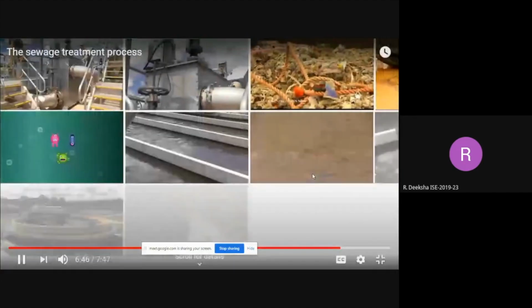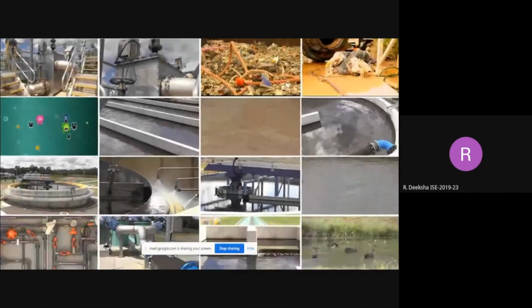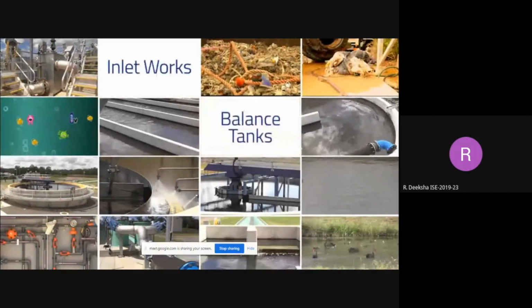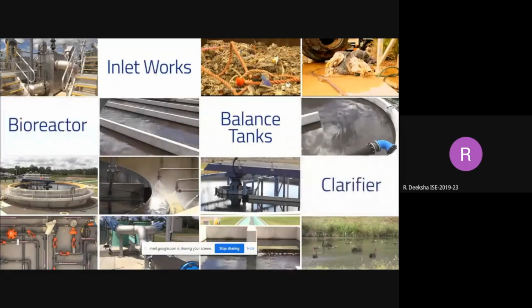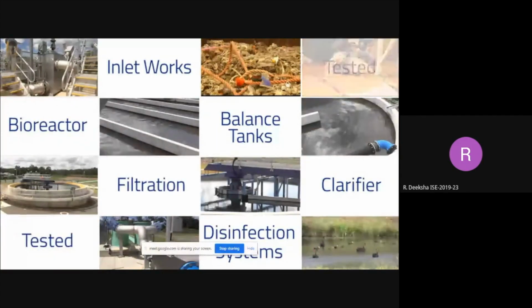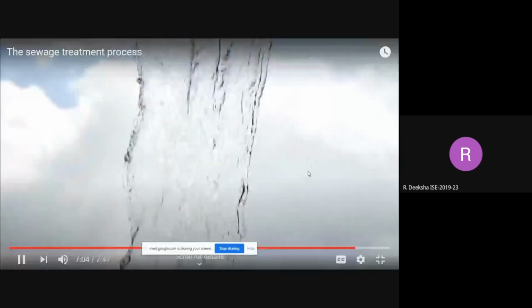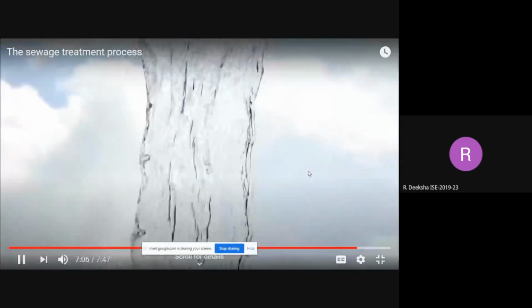Around 24 to 48 hours after the sewage arrived at the sewage treatment plant, it's been screened, broken down, eaten up by bugs, separated, filtered and disinfected. And tested and tested and tested. It's now clean, treated water, ready to continue on its journey through the urban water cycle.